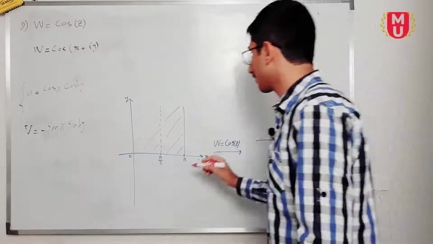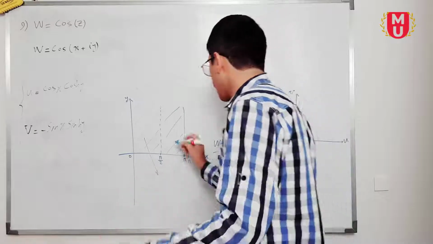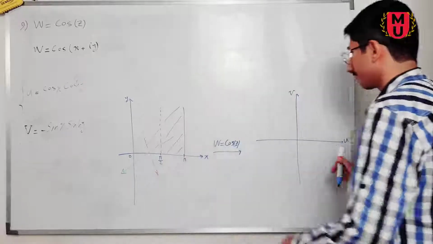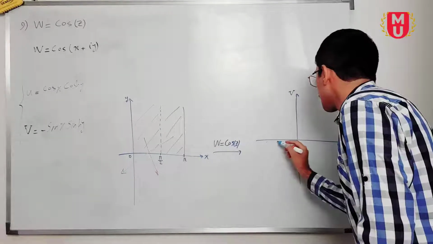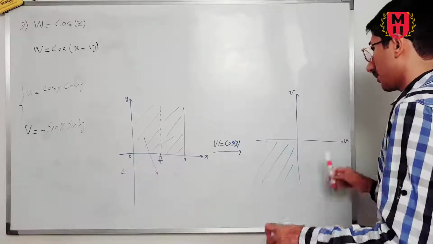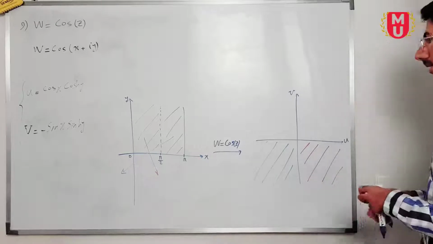It's a cross expansion. This region will come this way, and this light blue region will come this way. I call it a cross expansion. That's the answer.